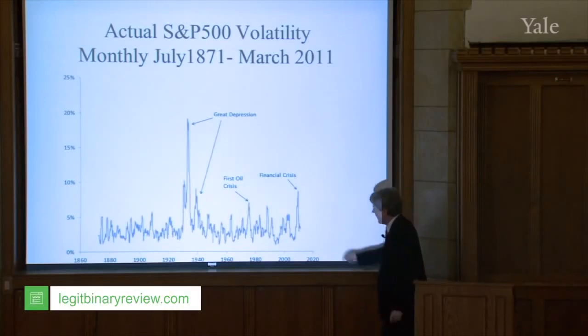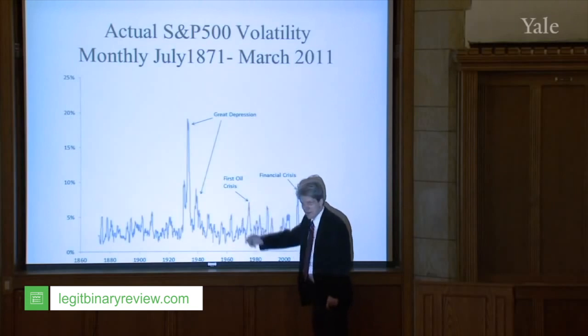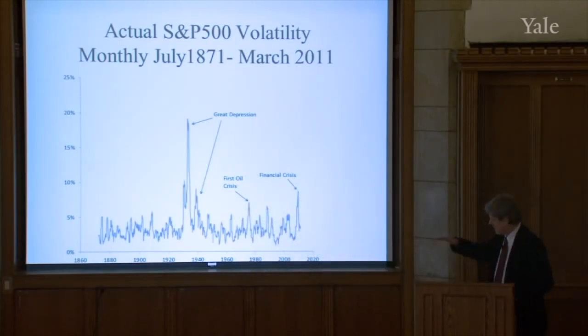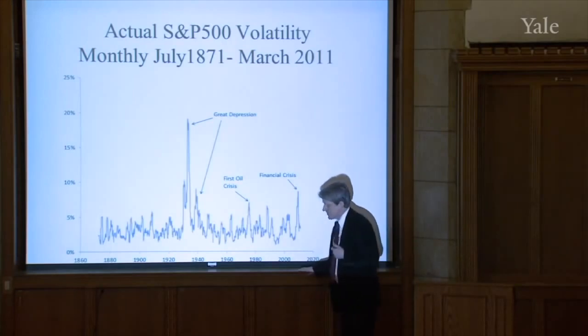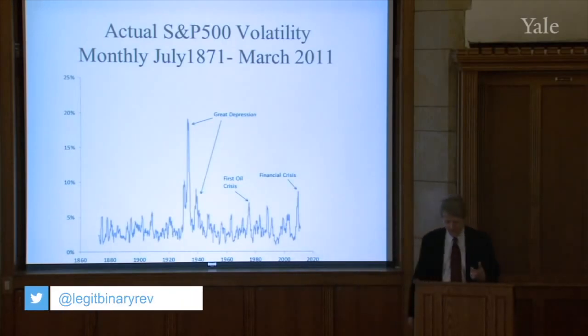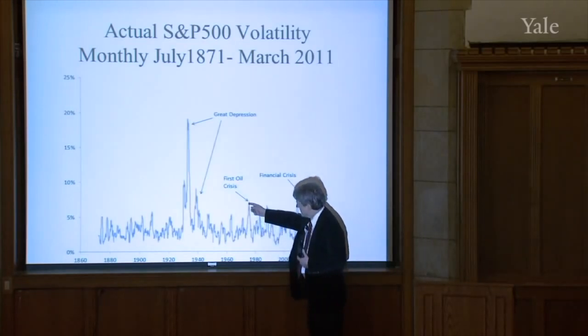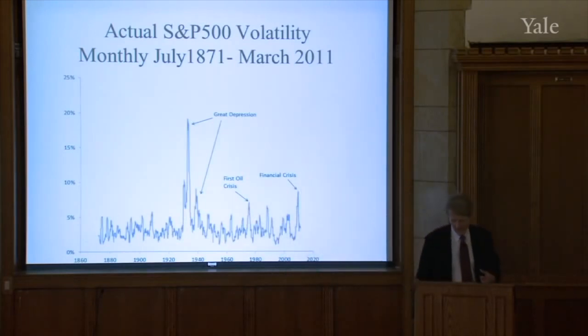What I have also shown here is the first oil crisis, which we talked about in 1974, when oil prices had been locked into a pattern because of the stabilization done by the Texas Railroad Commission. But when that broke, when OPEC first flexed its muscles, it created a sense of new reality, and it caused fear, and it caused a big spike up in volatility of the stock market.